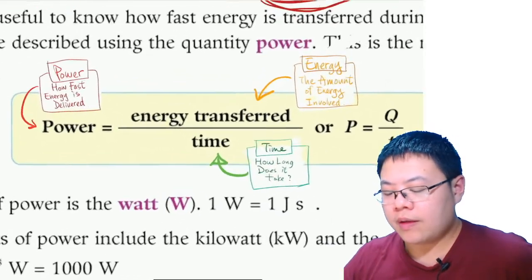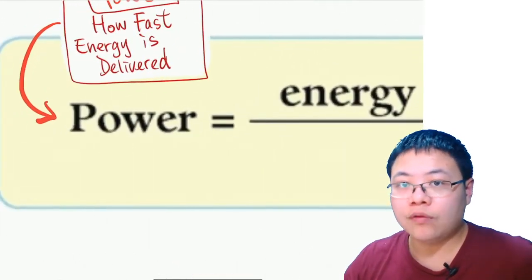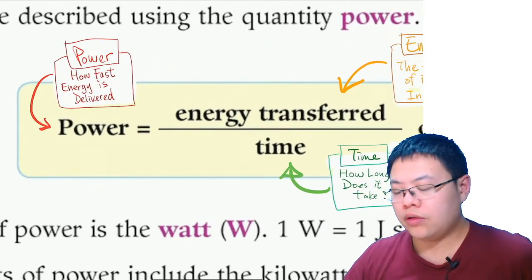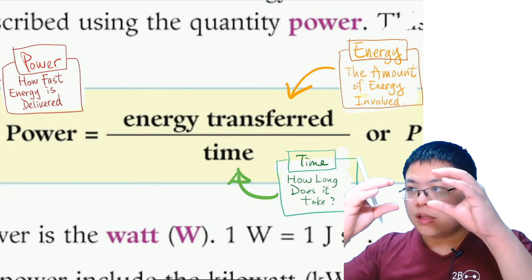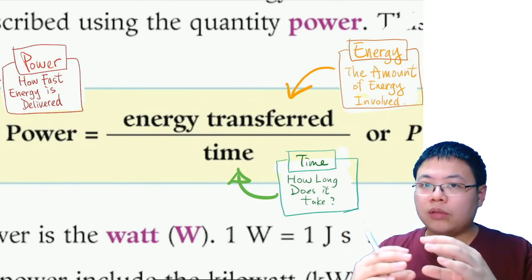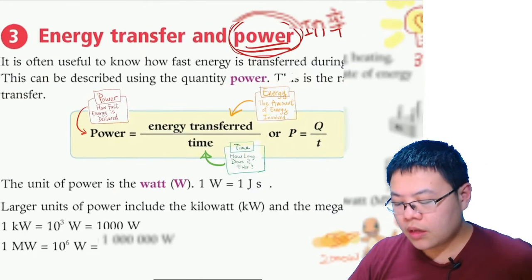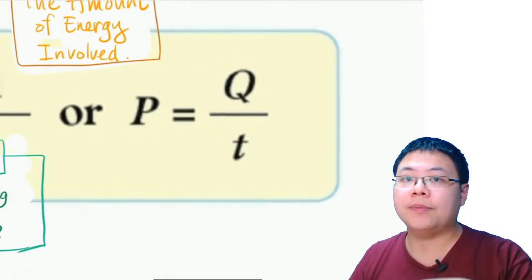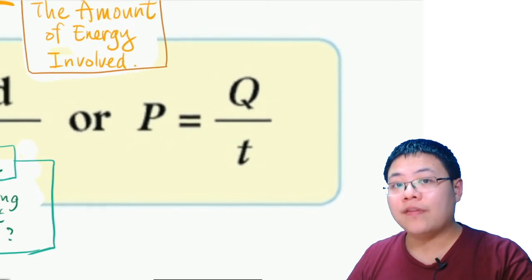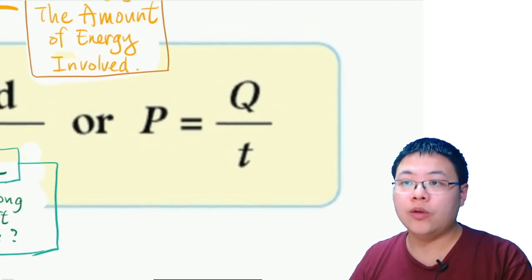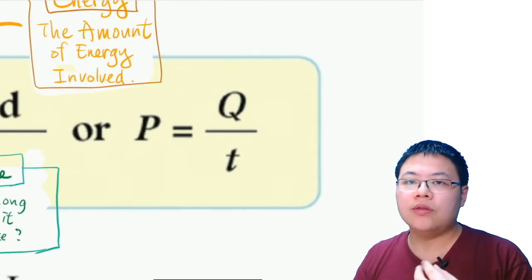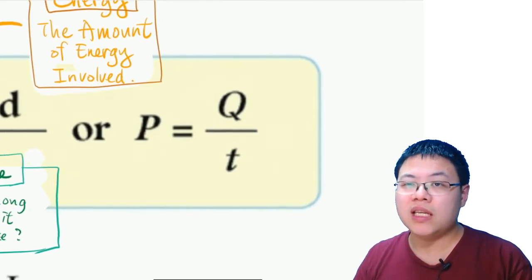For measuring the power, how fast the energy is delivered, you would need the amount of energy divided by the total time taken. In symbol form, power is indicated by P. The amount of heat energy is indicated by Q. If sometimes they only mention energy, you can use capital E as well.